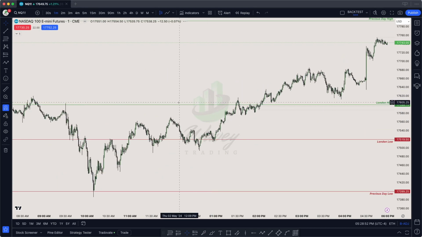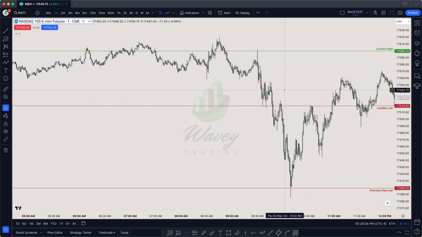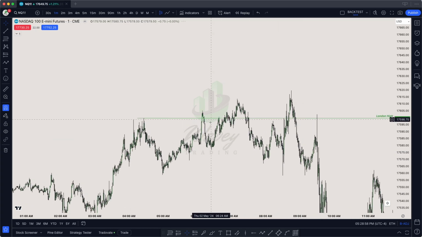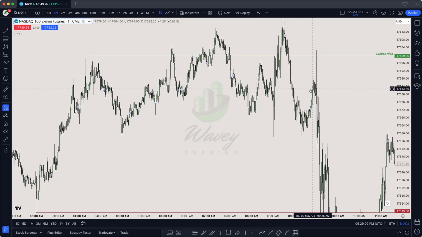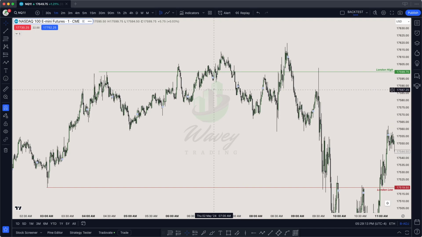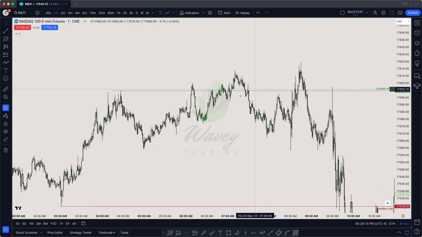So this morning when I was trading the pre-market, I saw that price took out this London high. So in my mind, I'm like, yeah, this high got taken out, this liquidity got taken out. Now where's price going to go, right? If I didn't know about liquidity, I wouldn't know what the price was going to do.